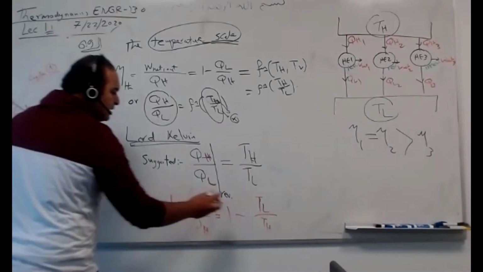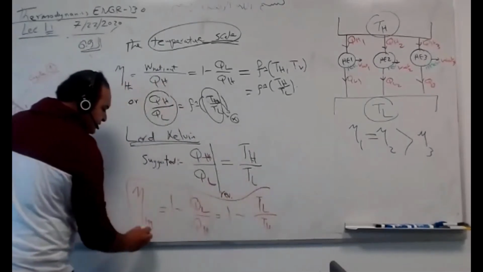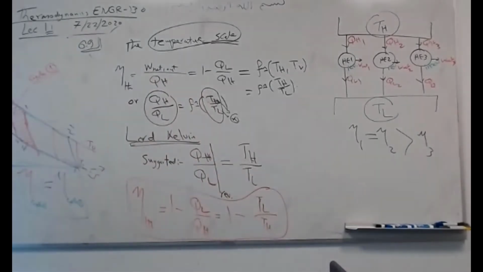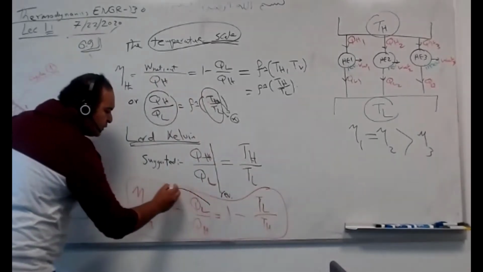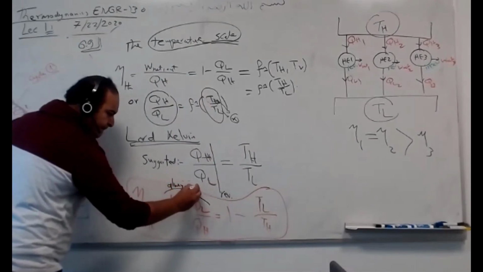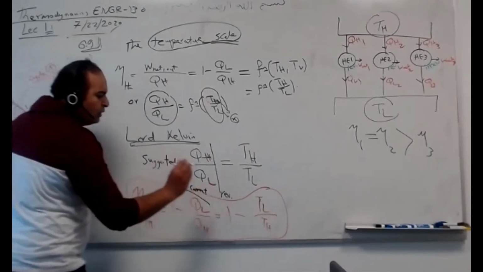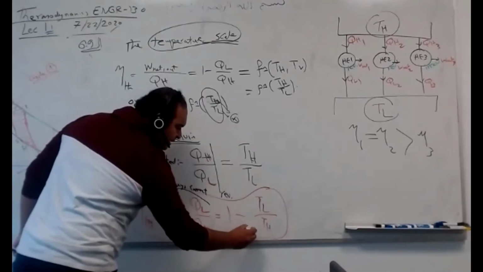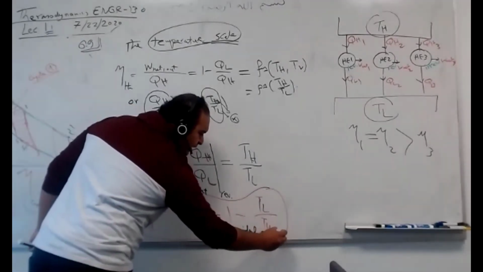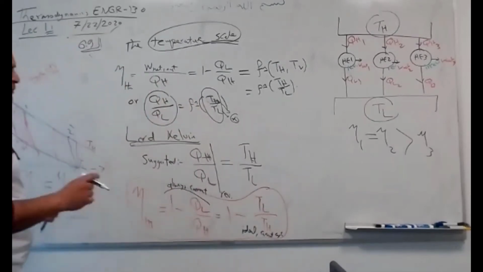So let's talk about this for a while. This is a very important equation in your thermodynamic life. The first one is always correct. The second one is only if it's ideal, if it's Carnot, maximum efficiency, pure, with no losses.